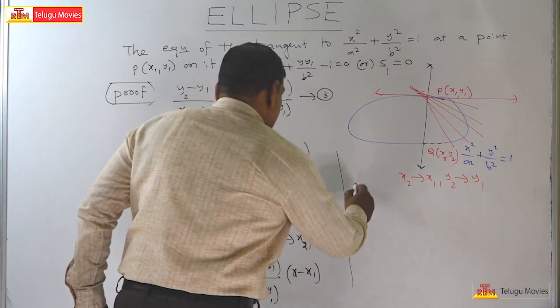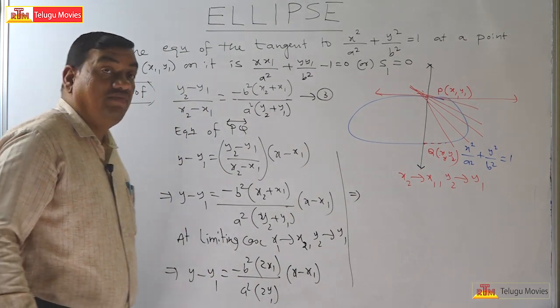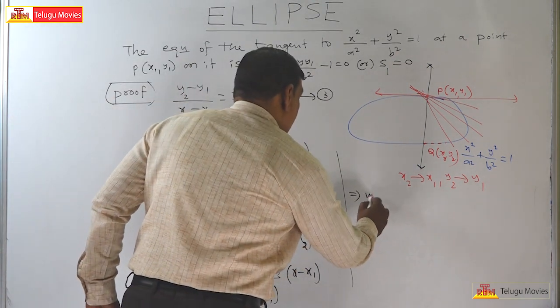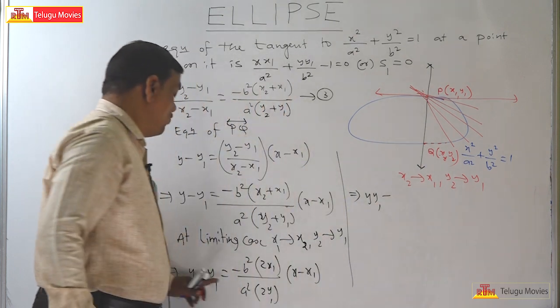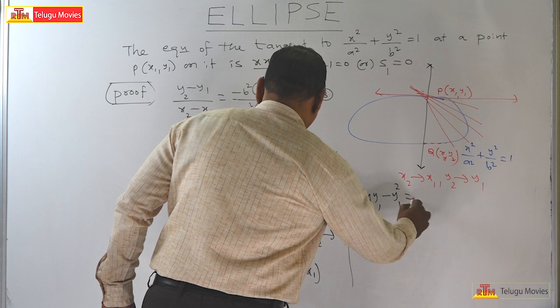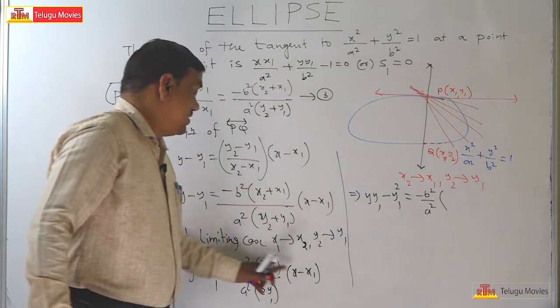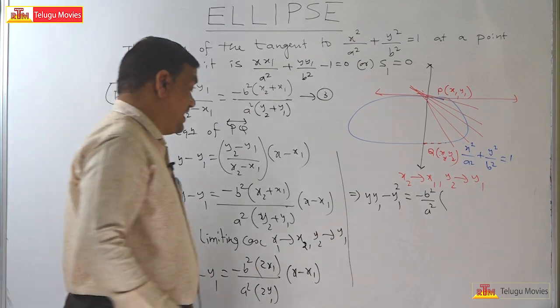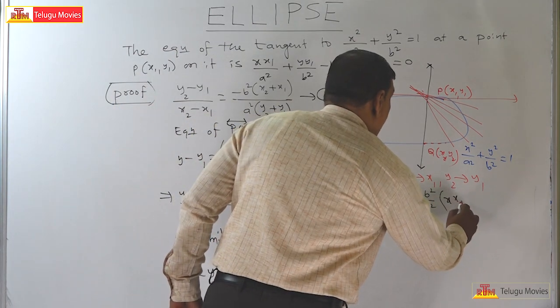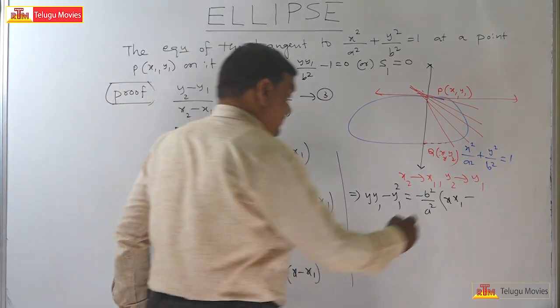So you will get like this. If you do a cross multiplication, (y minus y1) into y1 square is equal to minus b square by a square into (x minus x1) into x1 square.